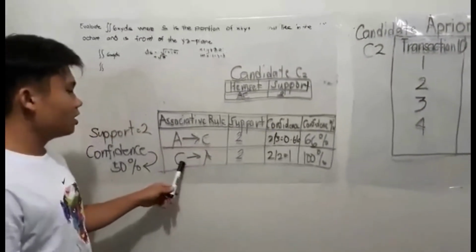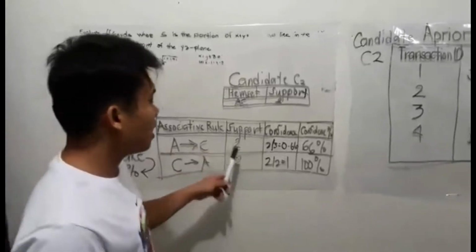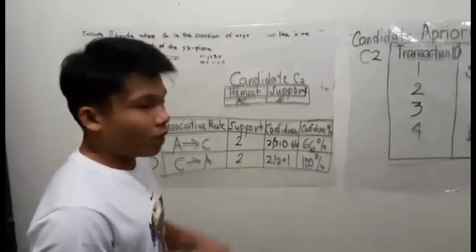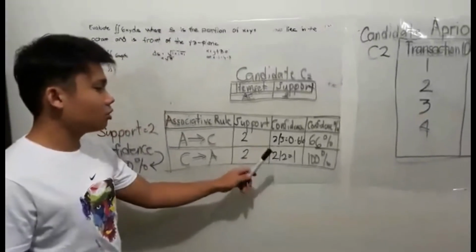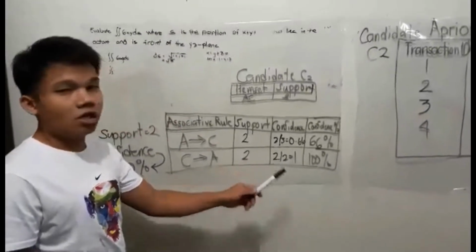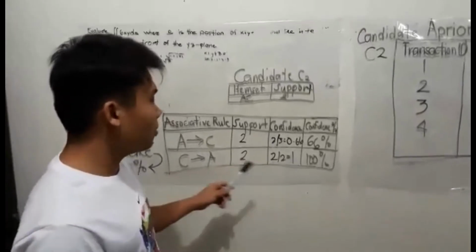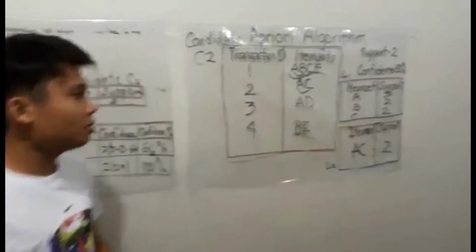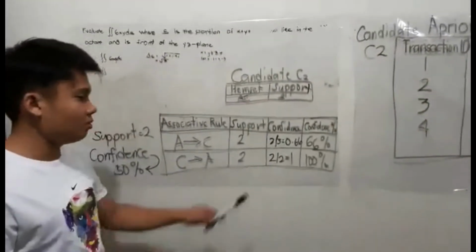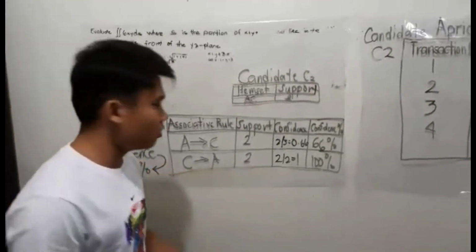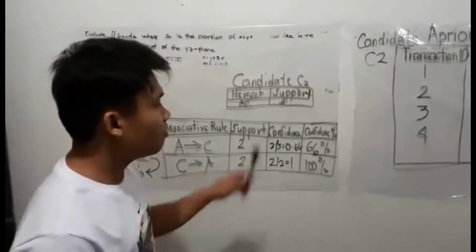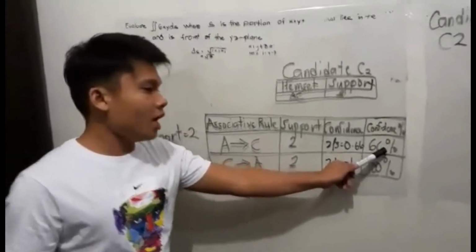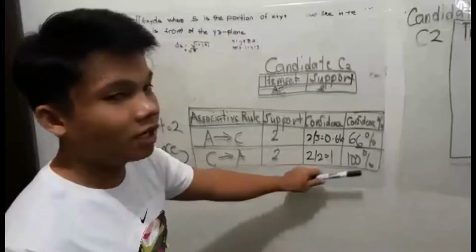While C leads to A, which has the support of 2, when we find the confidence, which is support equal to 2 divided by the number of appearances, as we can see, letter C is repeated 2 times in that item set, which is equal to 2 over 2 equals 1. Then we will find the confidence percent. We get 66% and 100%.